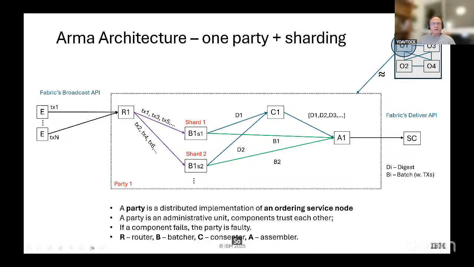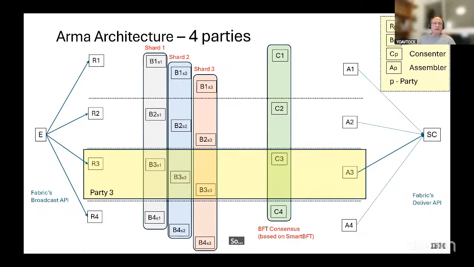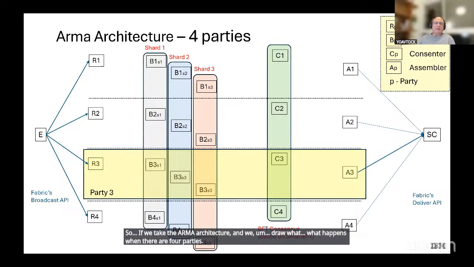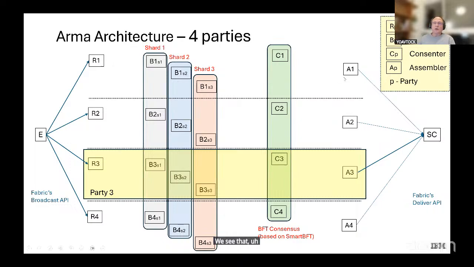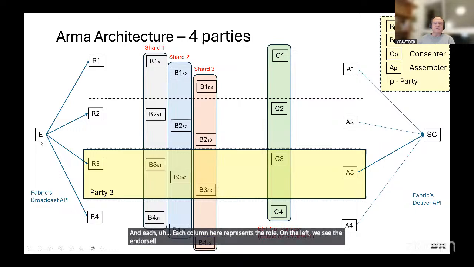So if we take the Arma architecture and draw what happens when there are 4 parties, we see that each row in this picture is a party, and each column represents a role. On the left, we see the endorsers, the clients of this service, submitting transactions to the routers, one router per party.